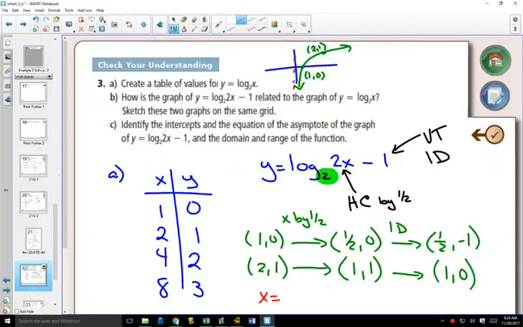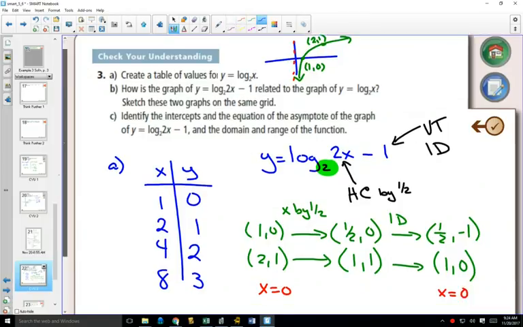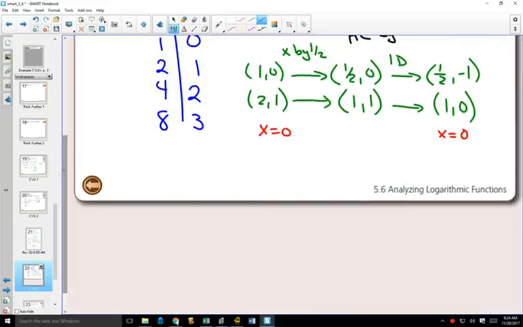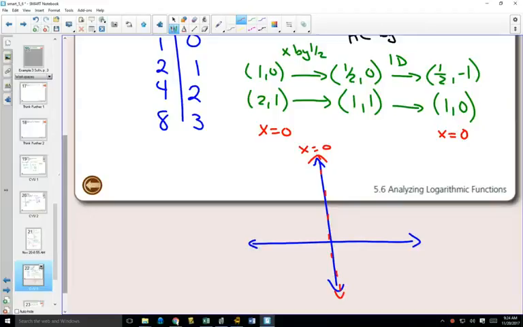If we look at our asymptote, the only way your asymptote's going to change is if you move things left and right. So in this case, it doesn't change. It's still going to be at x equals 0. So taking those points, start with our asymptote, which stays at x equals 0.